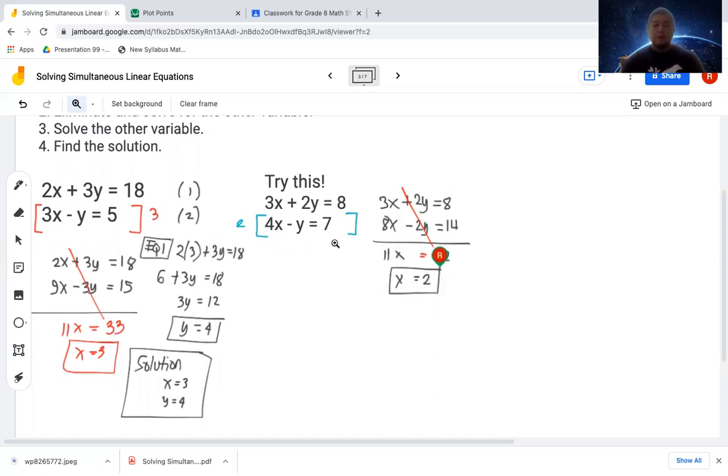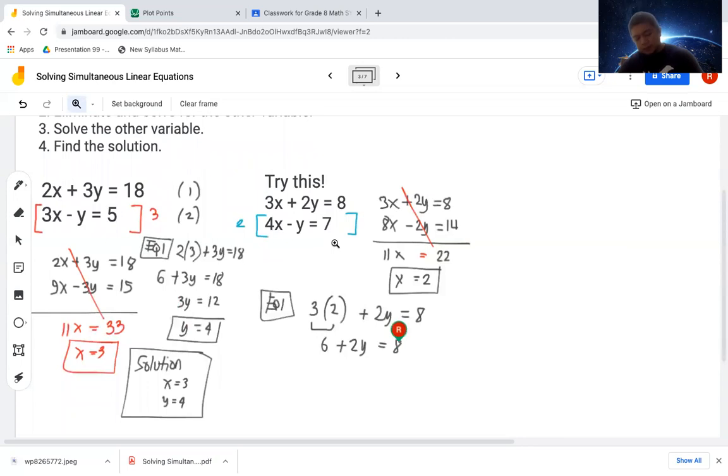All right. So from here, you will now be able to solve for the value of y. It's all up to you guys on which equation you would like to put this x. So in case I would put equation number 1, this is going to be a calculation of 3 times the value of x, which is 2, plus 2y is equivalent to 8. So from here, this is now going to give us 6 plus 2y is equivalent to 8.